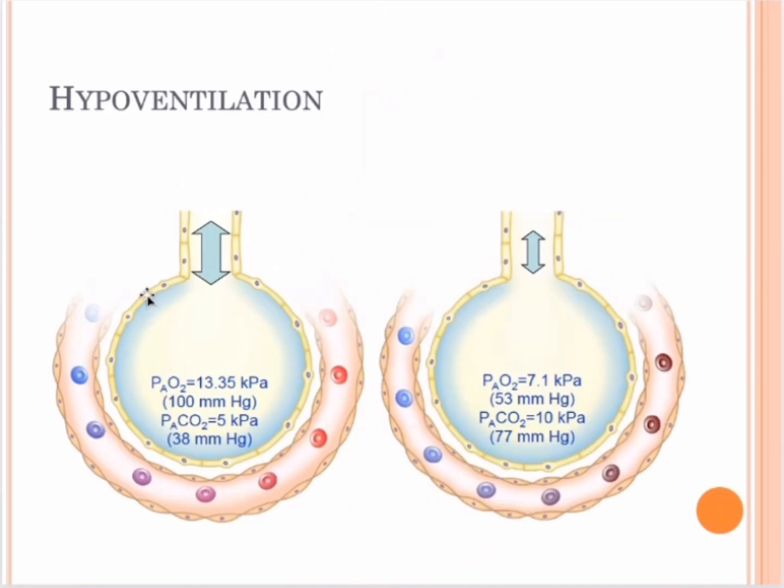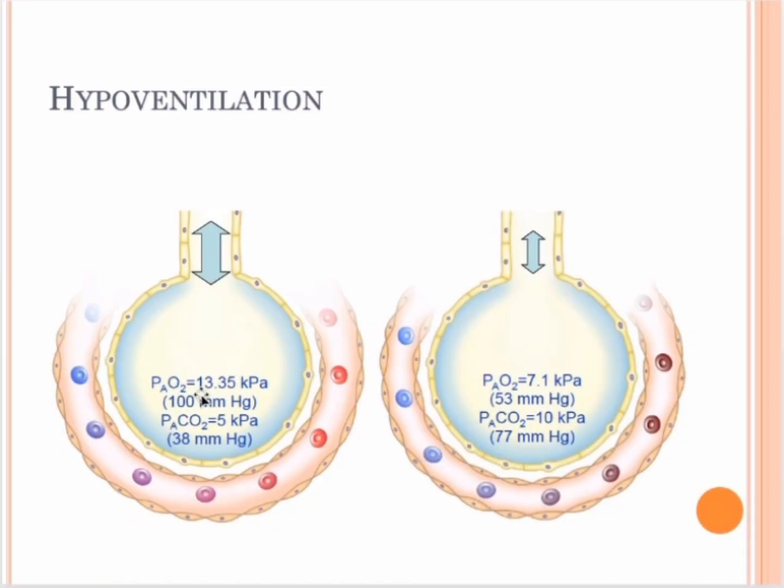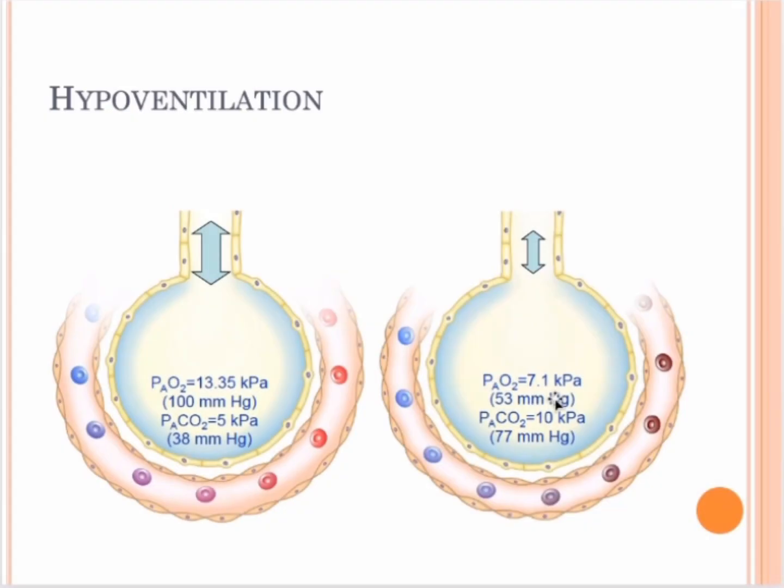What happens in hypoventilation? This is a normal alveolus where the partial pressure of oxygen in the alveolus is 100 and the partial pressure of carbon dioxide is 38. But when carbon dioxide increases to say around 77, the partial pressure of oxygen drops down, and the blood leaving this alveolus is not fully saturated, and the patient gets hypoxemia.